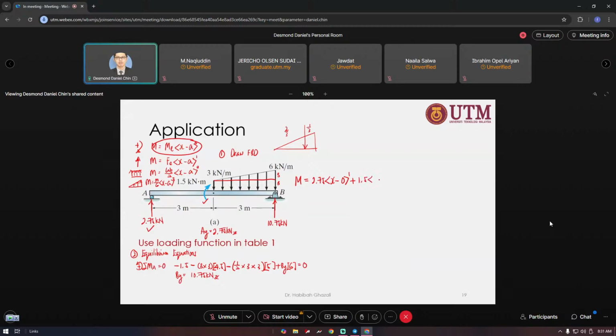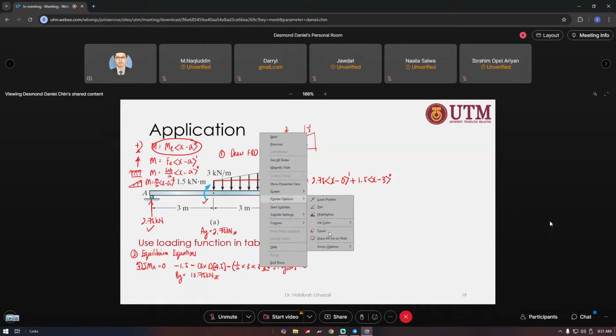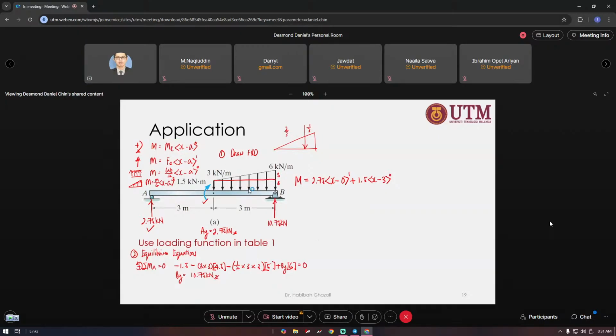X minus, as I mentioned to you, A is the location where your loading or moment is. So based on this free body diagram, where is the location of 1.5? 3. So power to 0. So far, so good. Okay, good. Let's proceed.